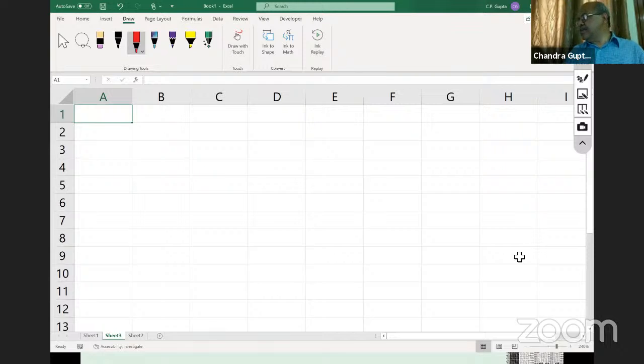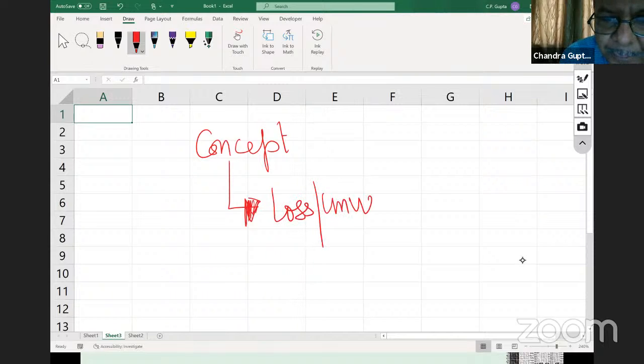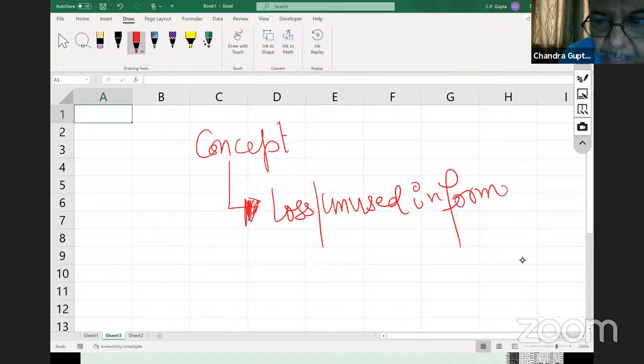Yes, Prateek, somewhere they're related to the log likelihood function. But if we look at the concept level, they represent loss. So friends, whenever we work with any data, that data has some pieces of information.